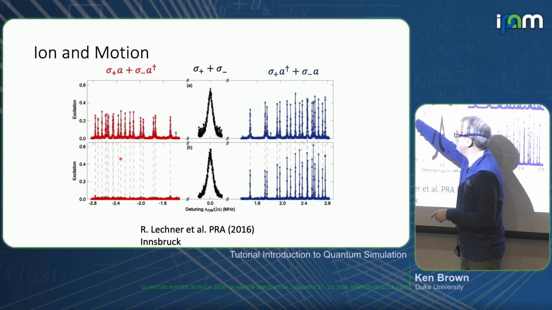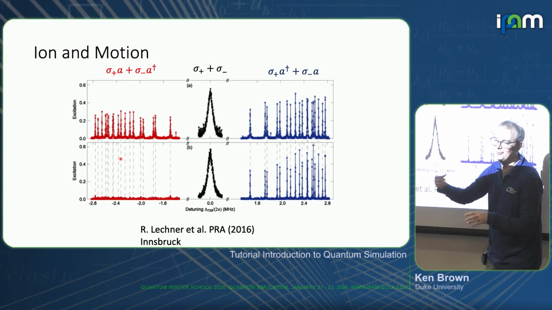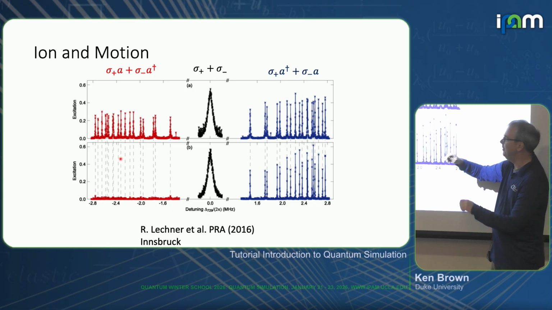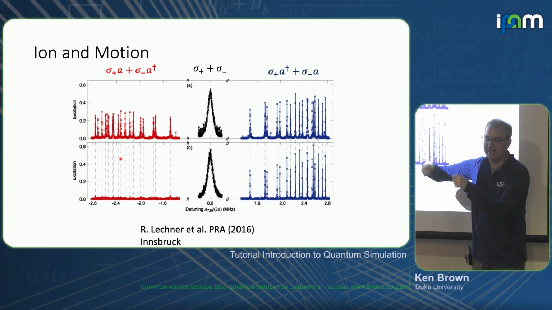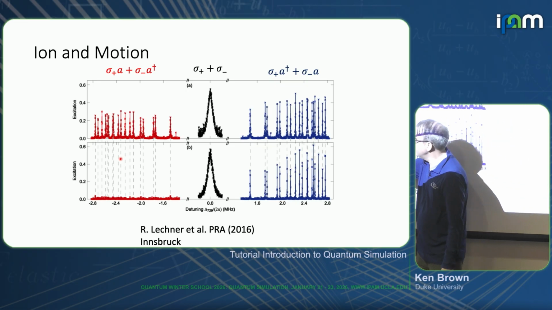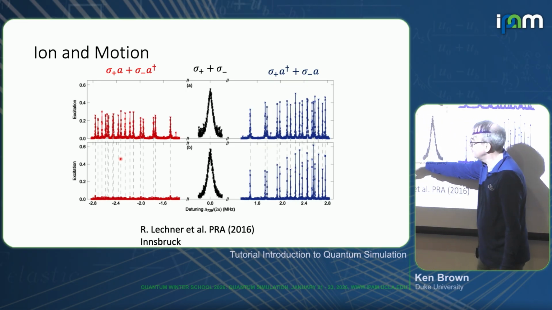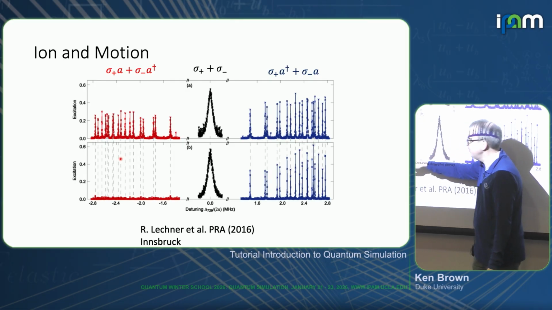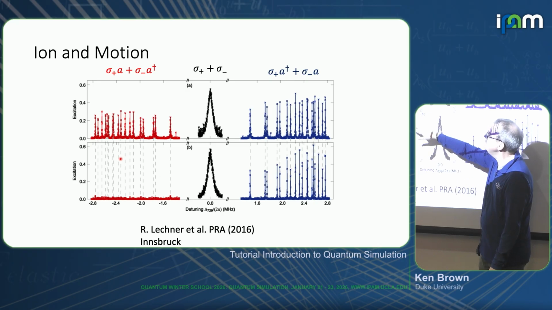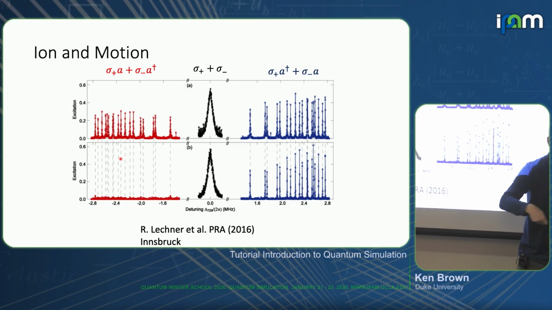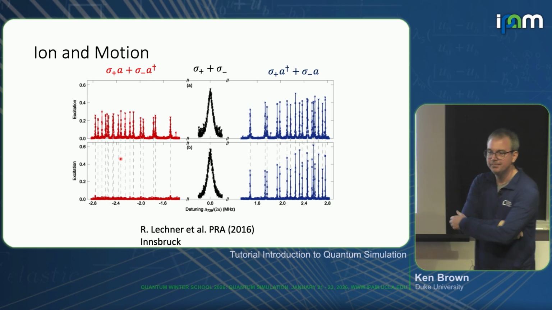Red sideband: I borrow energy from the phonons to make the spin flip. Blue sideband: I make the spin flip and I add a phonon. What's nice is we can do ground state cooling and basically remove all the phonons. And you can tell because all these red sidebands go away. There's no phonon to borrow the energy from.